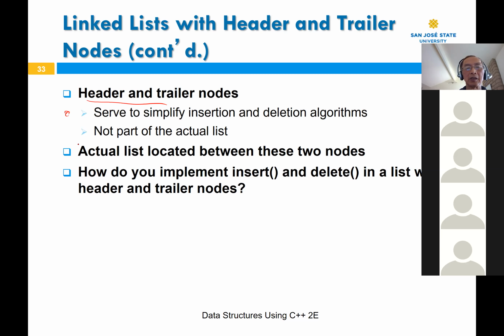Those two nodes are not part of the actual list. They are really just for the people who are manipulating these objects. The actual list is located between these two nodes. All right.